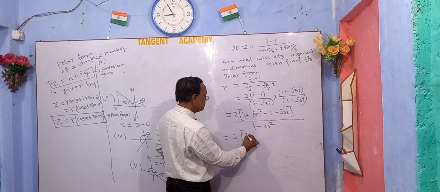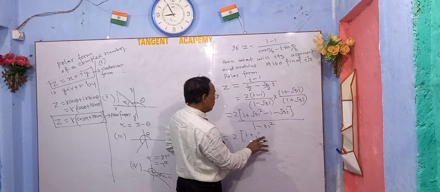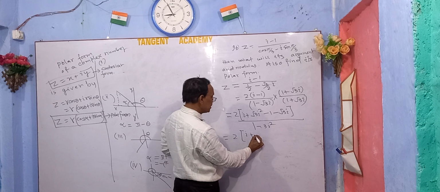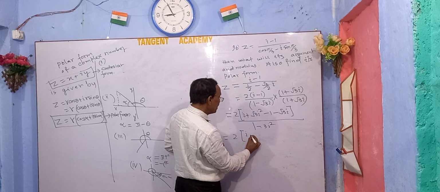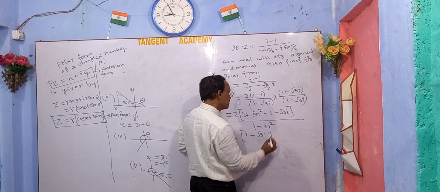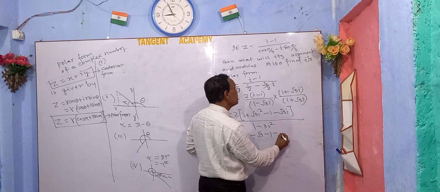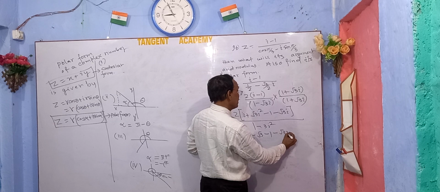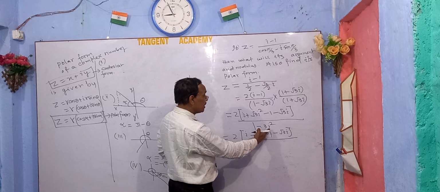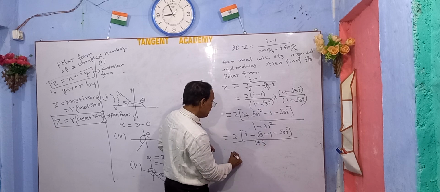We know that i square is equal to minus 1. So this term will yield minus root 3 minus 1 minus root 3i, and as i square is minus 1, the denominator is 1 plus 3, twice.